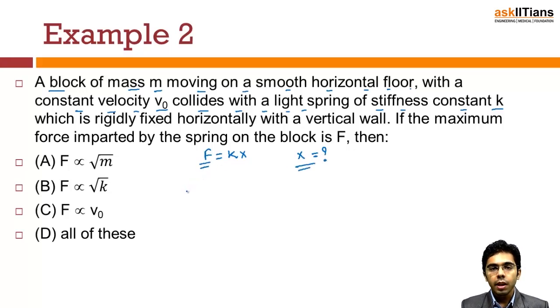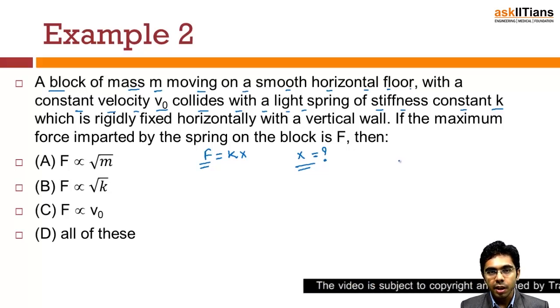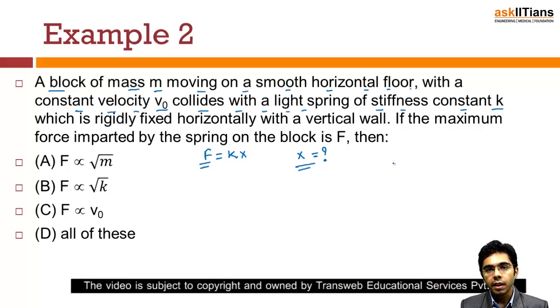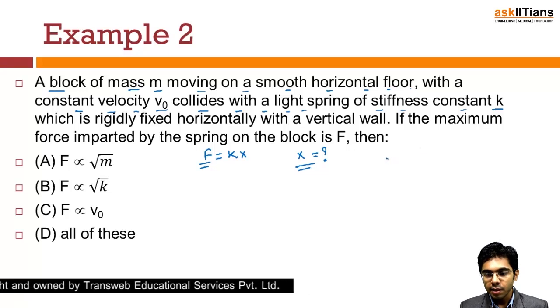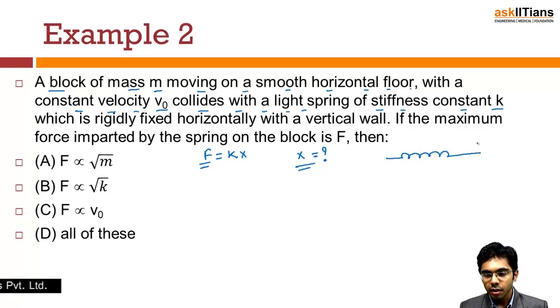So how can we find the value of x? Now we can consider that the block is moving with constant velocity. So what is the kinetic energy? The kinetic energy will be half m v naught square. After striking the spring, the block will momentarily come to rest. If we consider that this is the spring and the block is coming, after hitting it comes to rest.